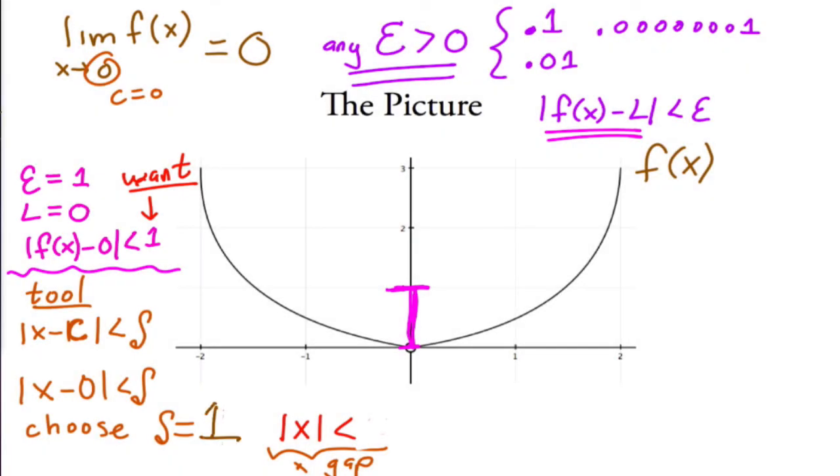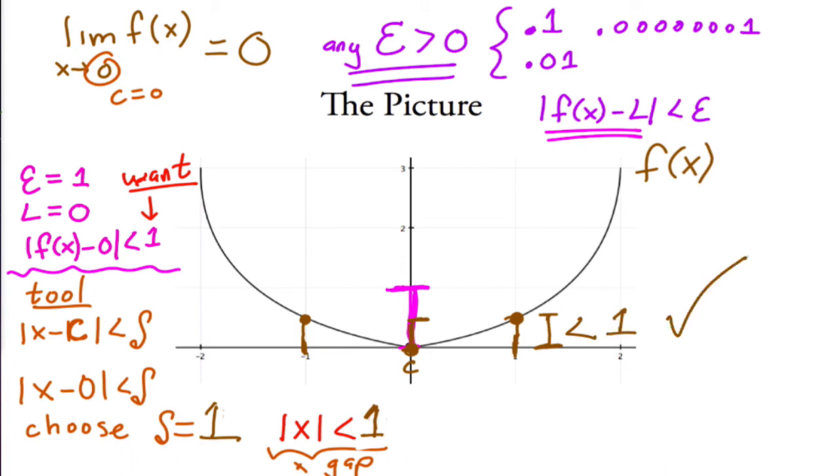So if I pick delta equal to 1, then my x gap is going to be a distance of 1 away. But now, check this out. When I take a look at my y gap, the gap between my function and the limit value, this guy is now less than 1.